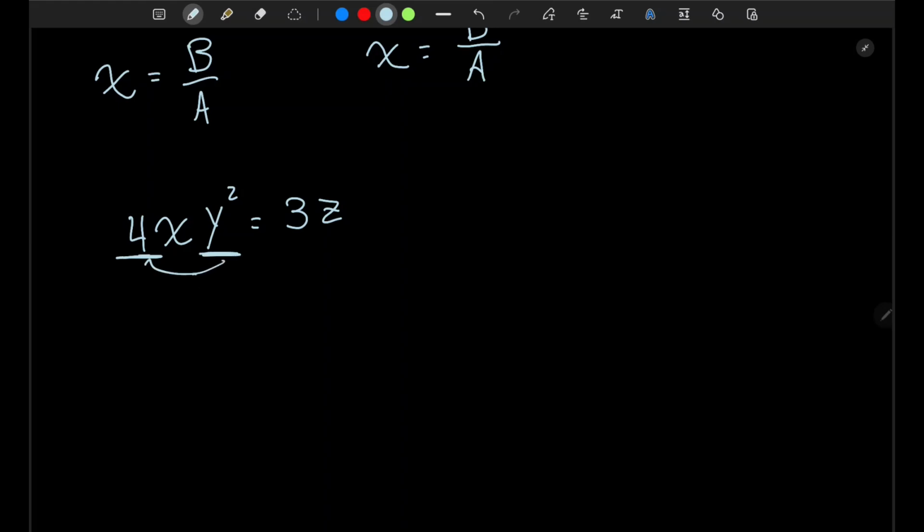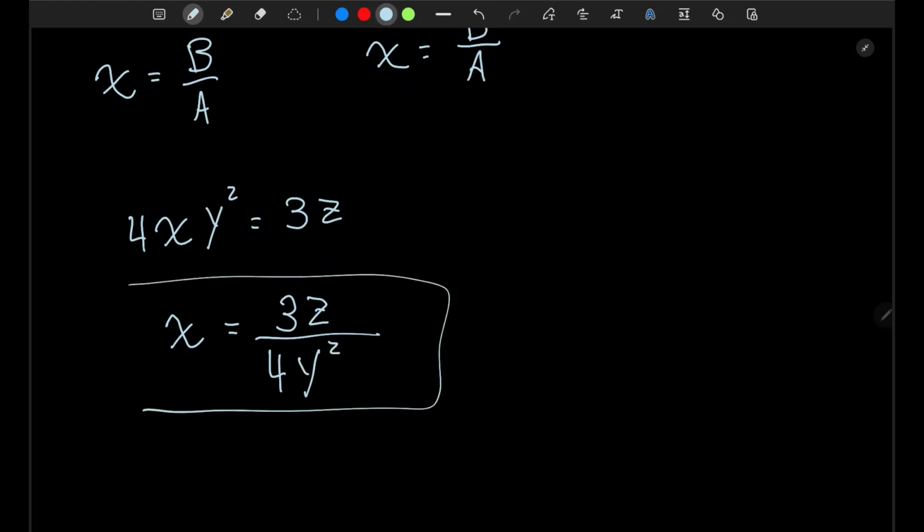We can take those both and push them diagonally down across the equal sign. And so then we can just look at this equation straight up here and go right to the final answer: x is equal to what we have on this side, 3z, and then we just move everything else, just dump it right below. So we have 4y squared, and that's your answer here.